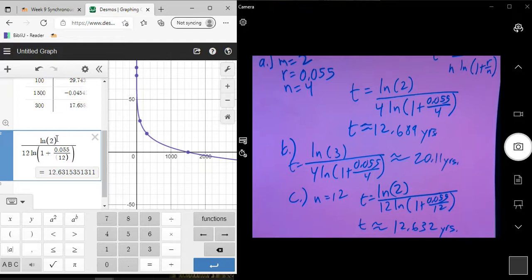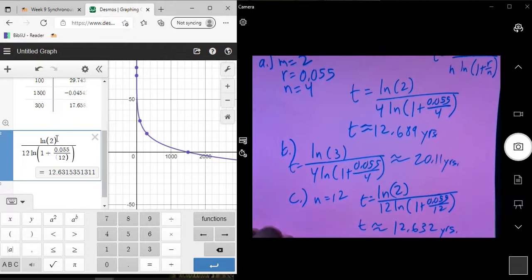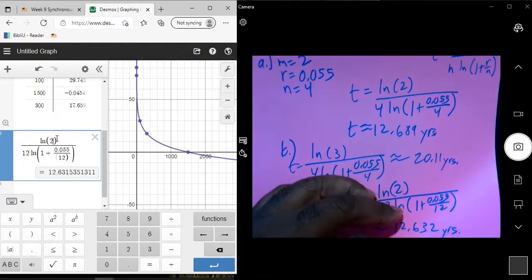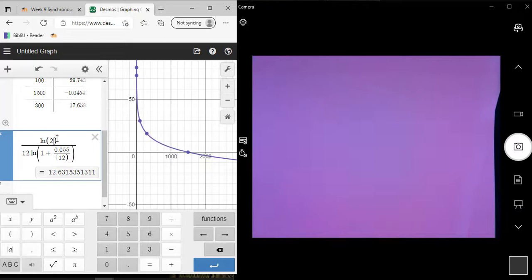And we're going to go to page 368. Now I'm going to do problems 7 and 9. Problems 7 and 9. So we're going to do page 368 and also page 369.